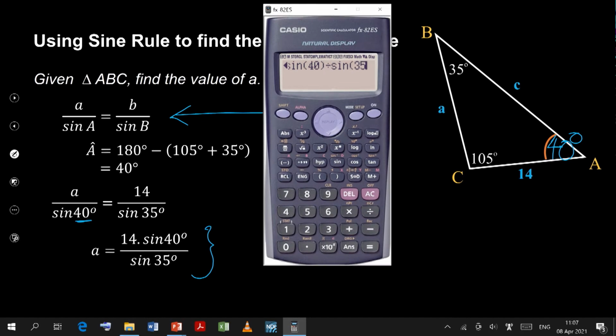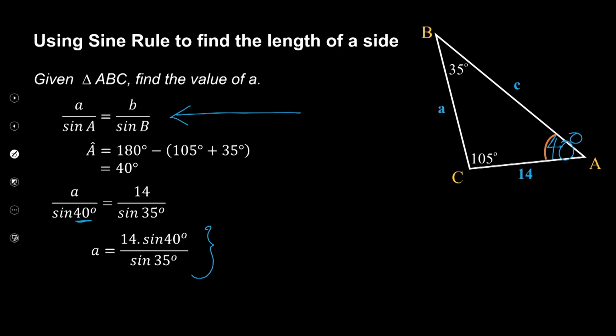And again, remember, we're rounding off to two decimal places. Whatever answer we get here, which is 15,6893, we're going to have to round off. So our rounded answer is 15,69 units.